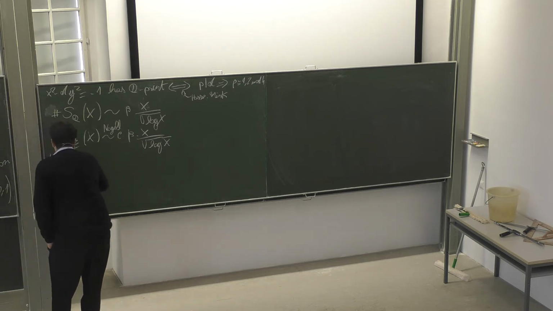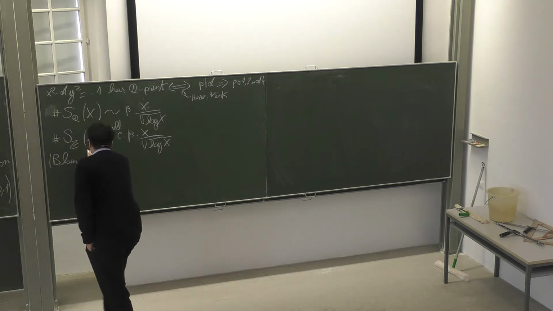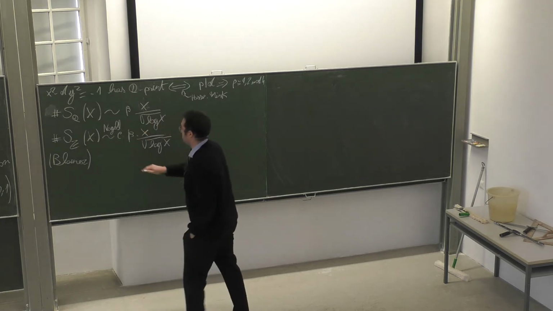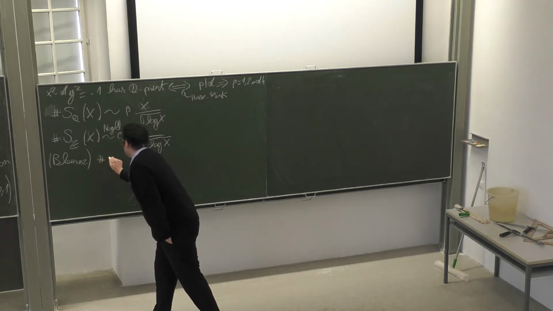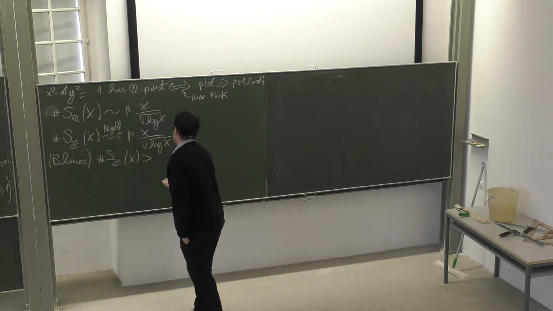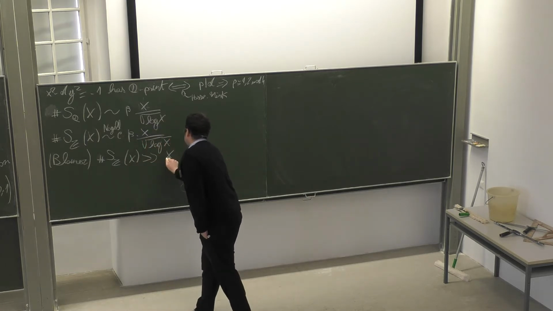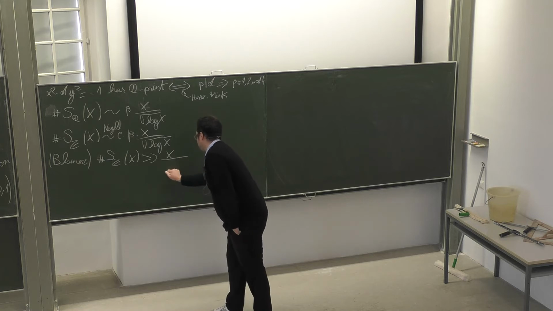Blomer could prove still a 0% result inside this conjecture, but could improve a little bit by showing that SZX is at least some slightly smaller thing, something like, I think, 0.61 or something.